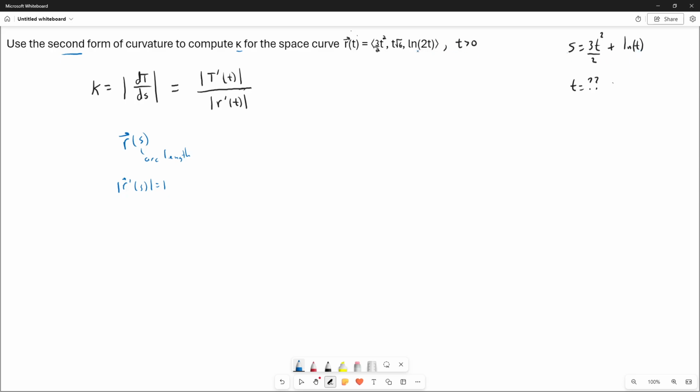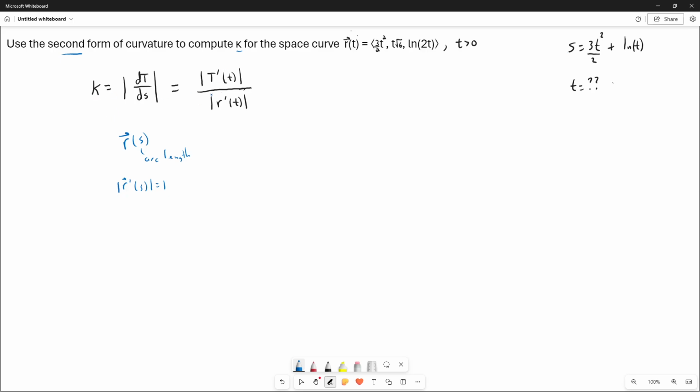And then to convert to the arc length parameter, we would have to solve this equation for t. So we would have to invert this equation, and that's not something that we can do. So the first method for finding curvature using the arc length parameter is out the window.